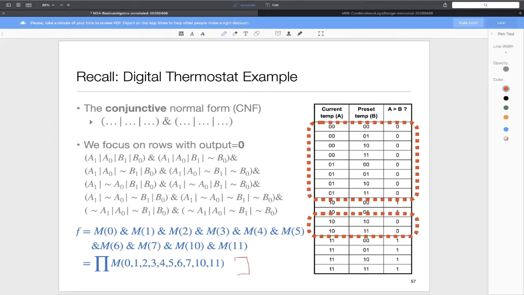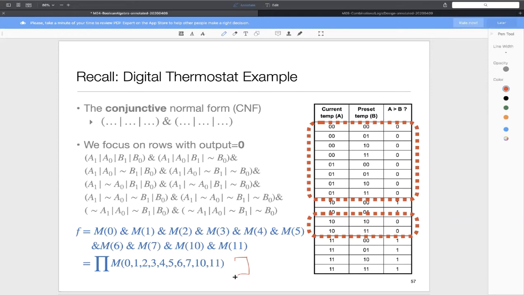Or even in a more compact form, I can write it like shown out here. Now, what's going on out here, right? So let's look at, let's say, row number 0. Row number 0 corresponds to when A and B are both 0, right? So A1 is 0, A0 is 0, B1 is 0, B0 is 0.